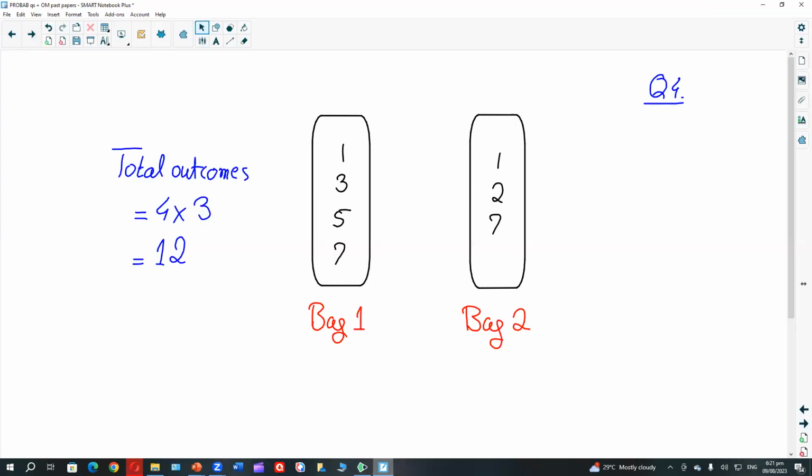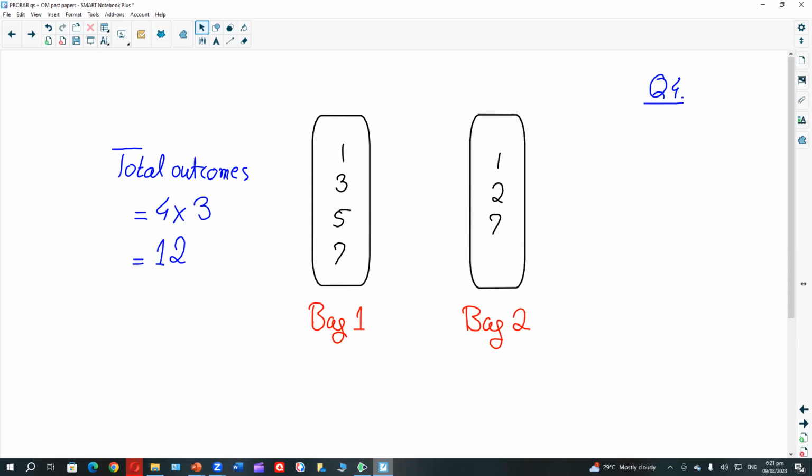Now, total outcomes is equal to 4 into 3. What are these 4 and 3? 4 is the quantity in one bag. Is it the quantity or is it the outcomes in bag 1?